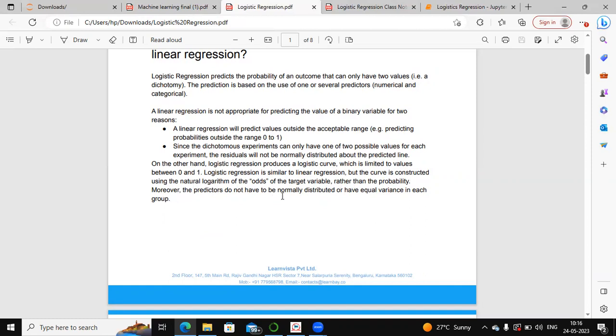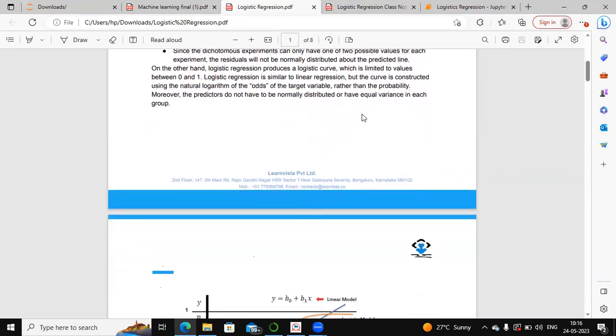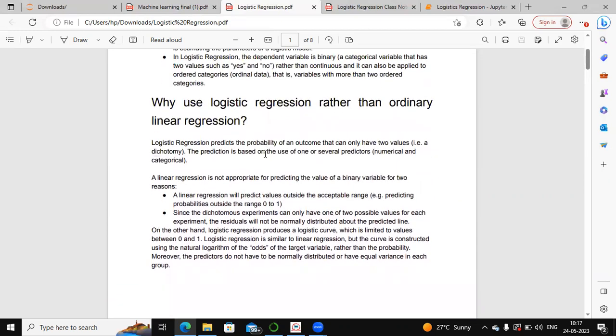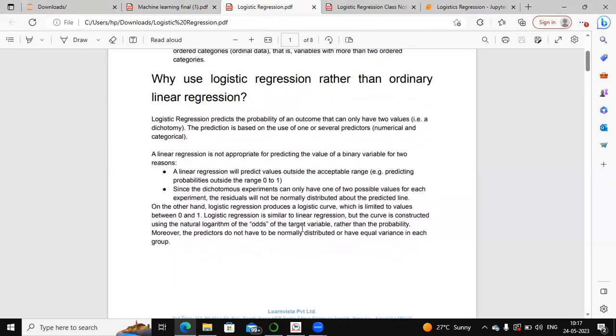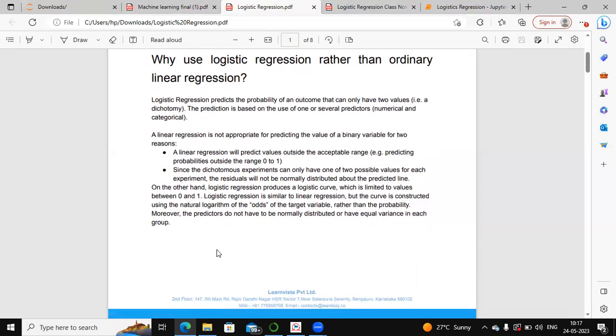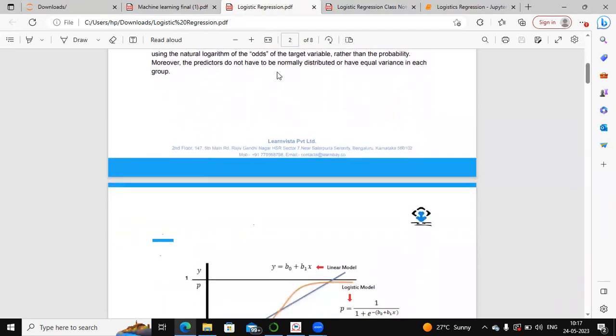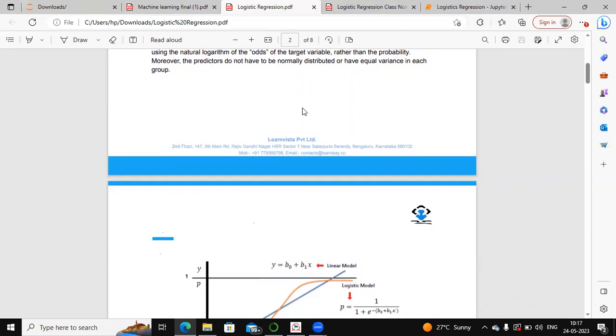Moreover, the predictors do not have to be normally distributed or have equal variance in each group, as we see in linear regression. The outcome can only have two values, either 0 or 1. This you need to understand.